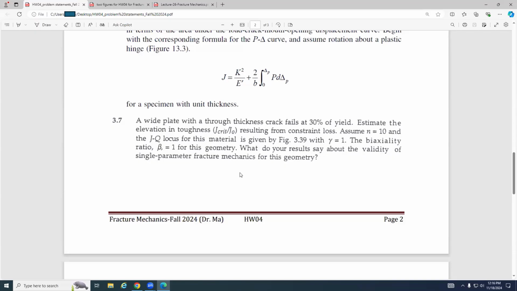We assume n equals 10, and the JQ locus for this material is given by this figure. The biaxiality ratio B equals 0 for this geometry. What do your results say about the validity of single-parameter fracture mechanics for this geometry?